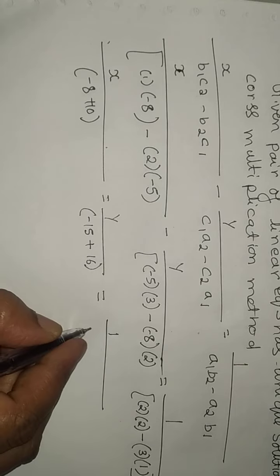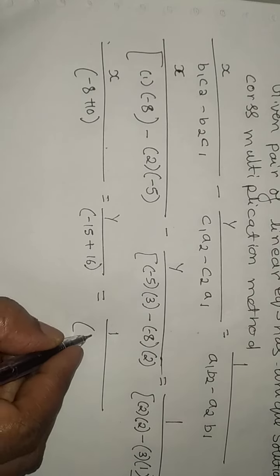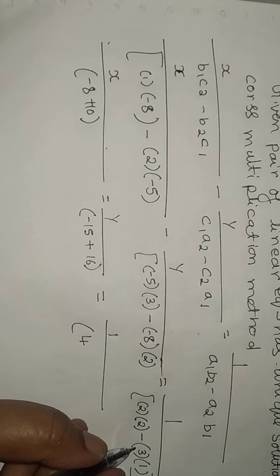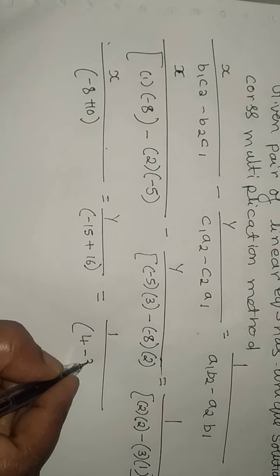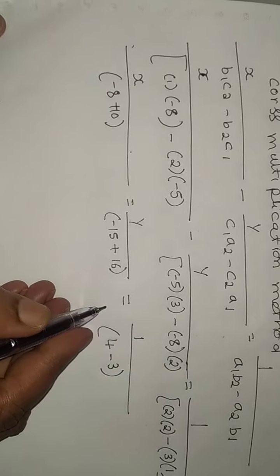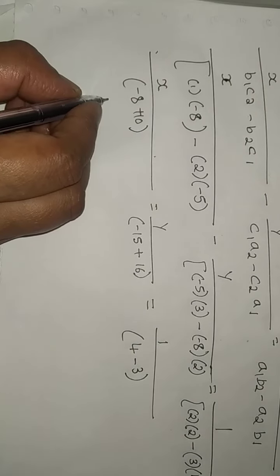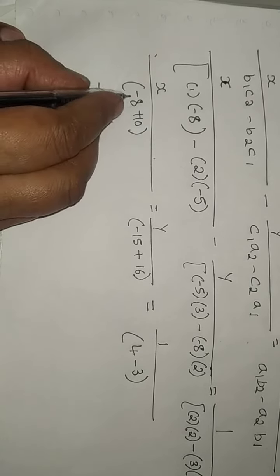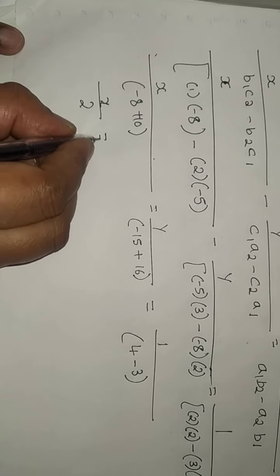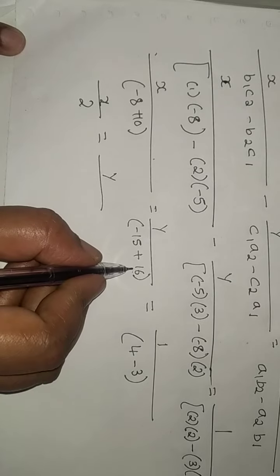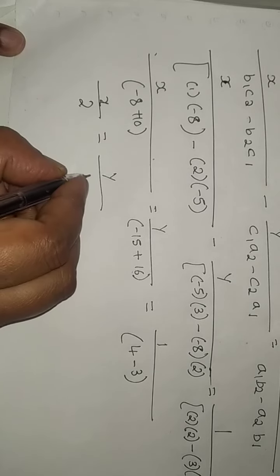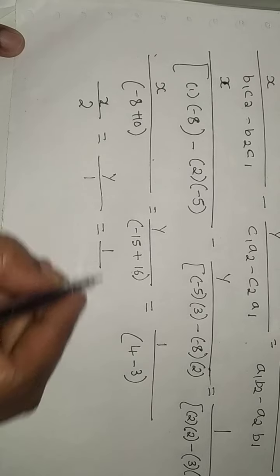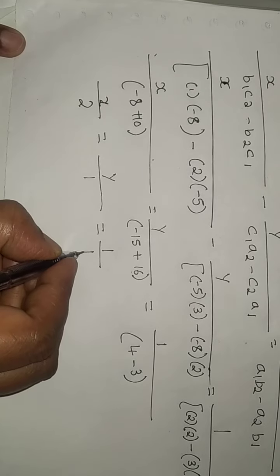Therefore 1 by 2 into 2 is 4 minus 3 into 1. So finally we get x by 2, since minus 8 plus 10 is 2, which is equal to y by 1, since minus 15 plus 16 is 1, which is equal to 1 by 1, since 4 minus 3 is 1.